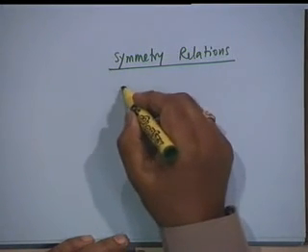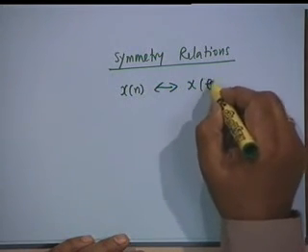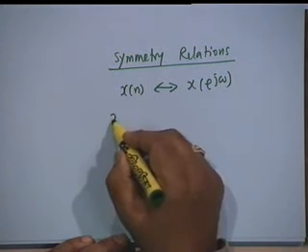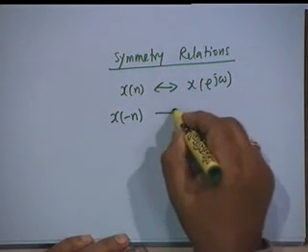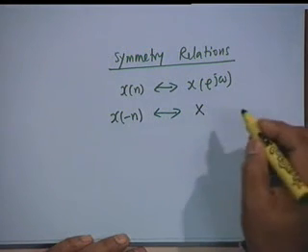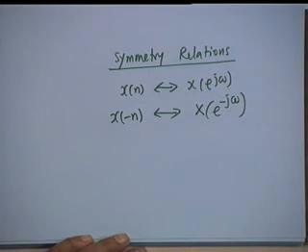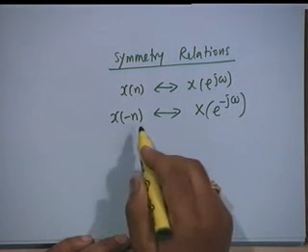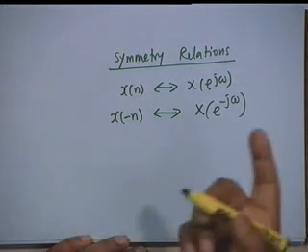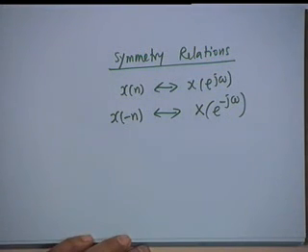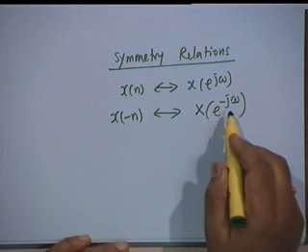It says that if x of n is capital X of e to the j omega, then x of minus n is capital X of e to the minus j omega. Is it obvious? Sum of x of minus n e to the minus j n omega, you put minus n equal to r, then obviously that becomes capital X of e to the minus j omega.